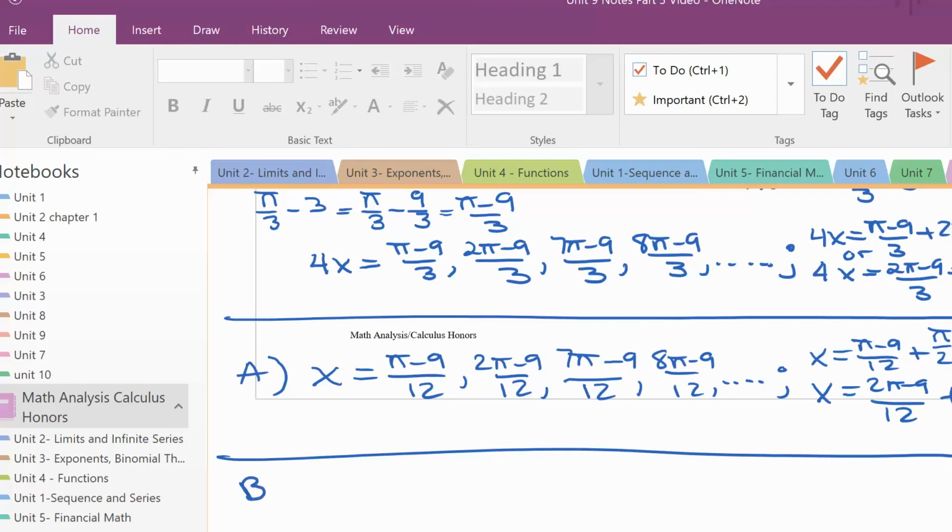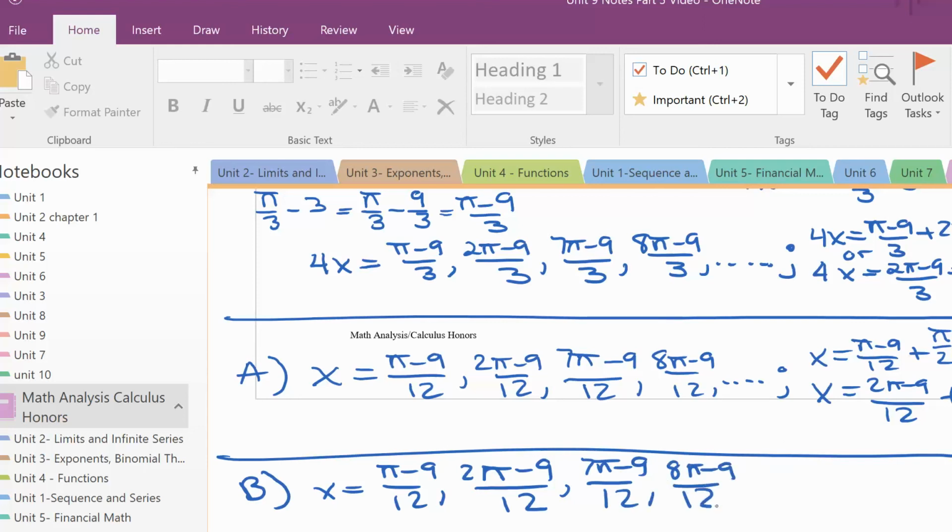Part B, now you have to find the solutions. Now if you put 0 in for k, you get x is equal to pi minus 9 over 12 and 2 pi minus 9 over 12. Then if you put 1 in for k, you get 7 pi minus 9 over 12, 8 pi minus 9 over 12.